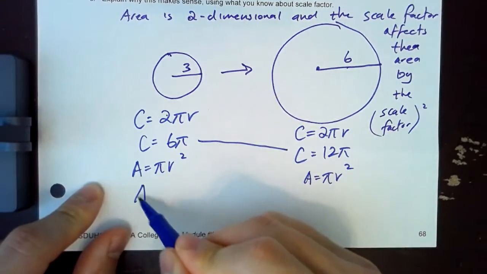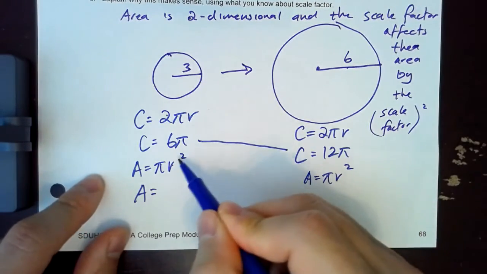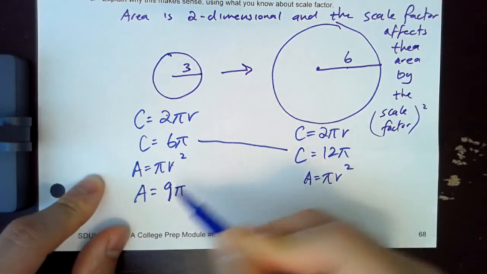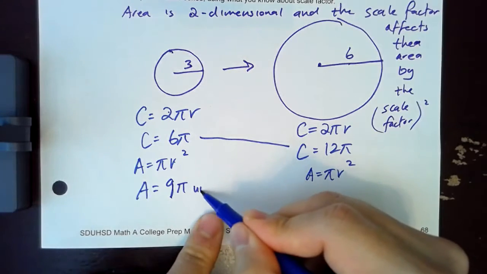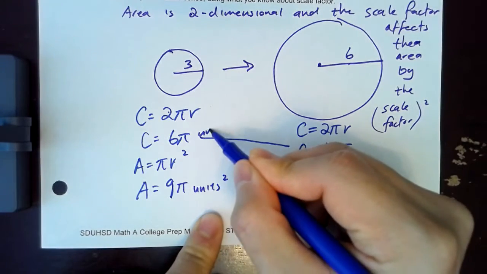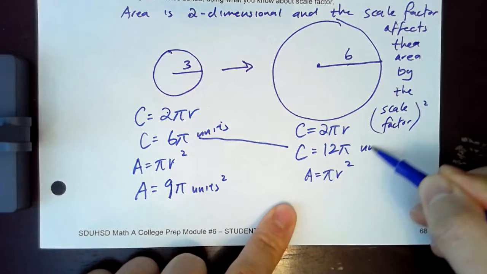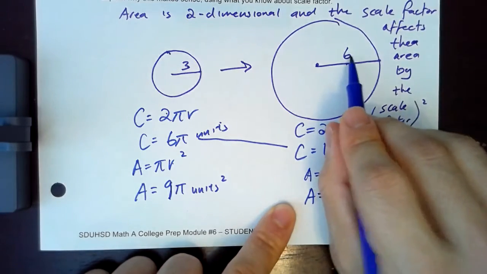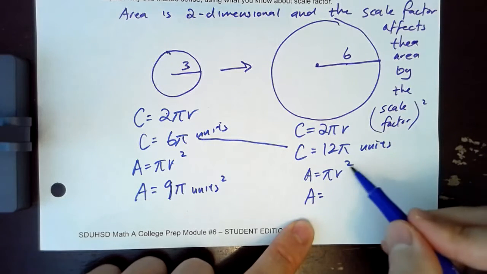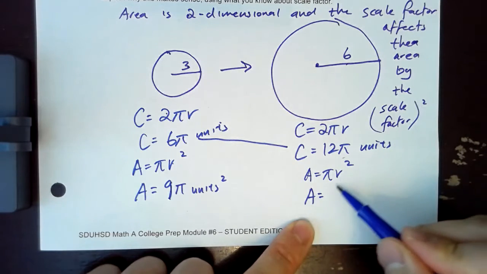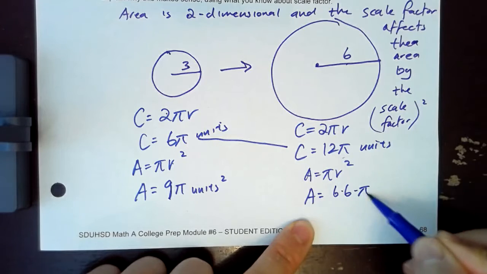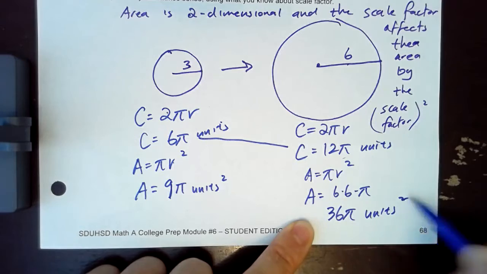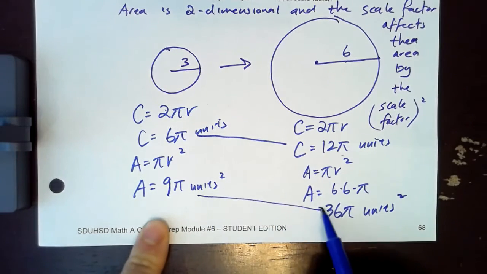So in this case, the area is going to be r times r, which is 3 times 3, which is 9 pi. Sorry, and you should write units squared. This is units. This is units. And in this case, the area is going to be 6 times 6 times pi because it's r squared. So it's 6 times 6 times pi is going to give us 36 pi. Not a coincidence that this is 4 times larger.